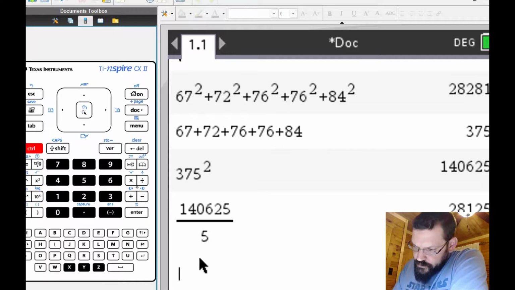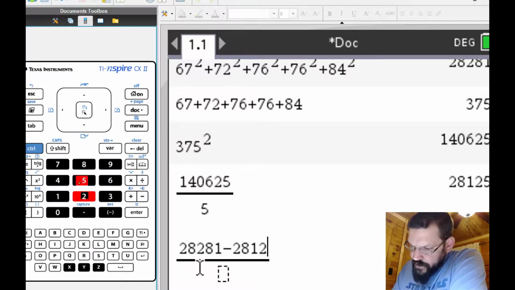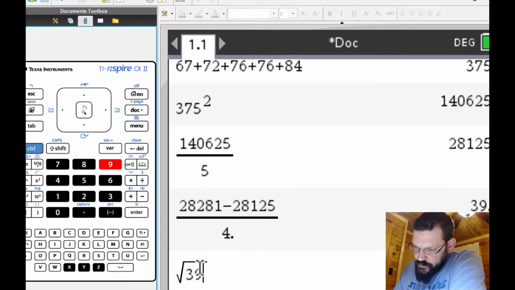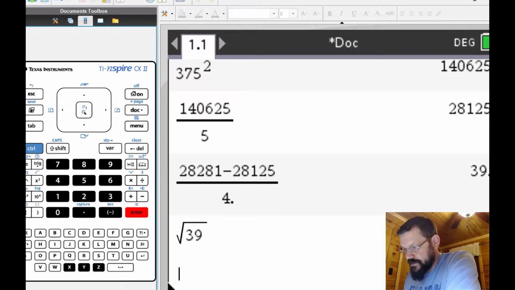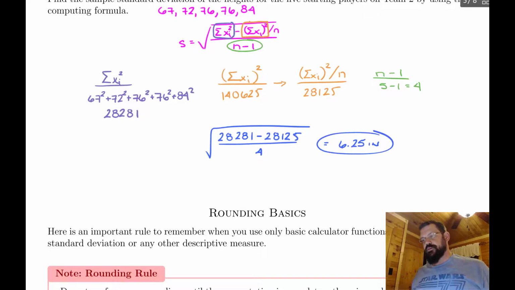I get 28,281 minus 28,125 all over 4, and I get 39, and then I take the square root of that, and what do you know, it's the exact same answer that we found before. So we get 6.25 inches as our standard deviation for team 2.